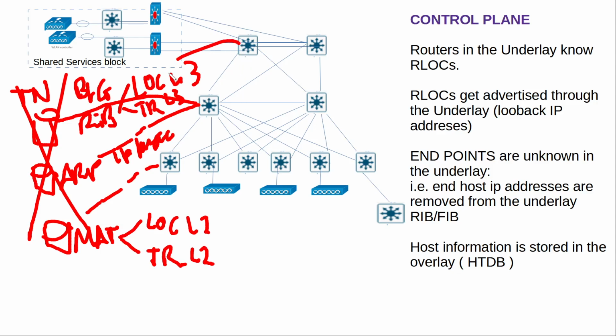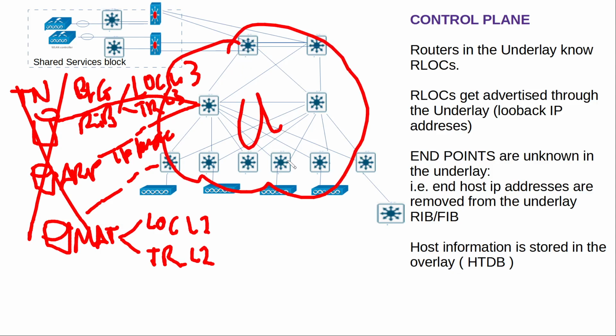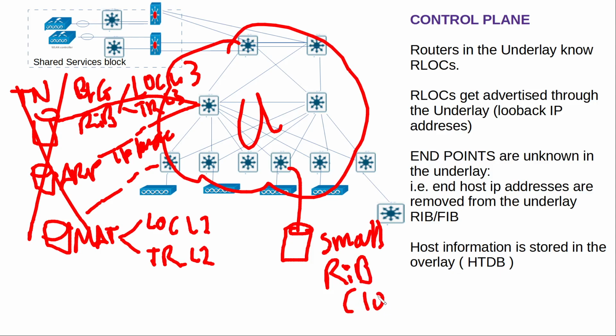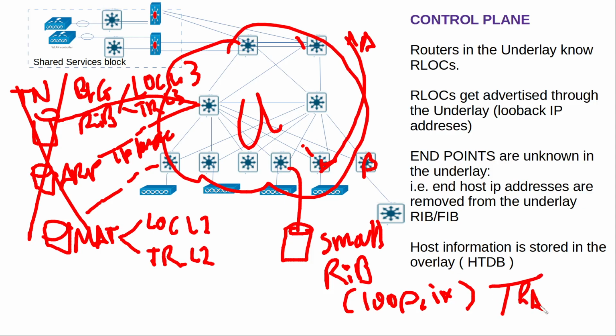I'm now going to have an underlay, and in this underlay, I'm going to create a really small routing table that will only include loopbacks and interconnections within the underlay, so I can transport data from point A to point B. So this really small routing table in the underlay will help me only to transport my data from point A to point B.